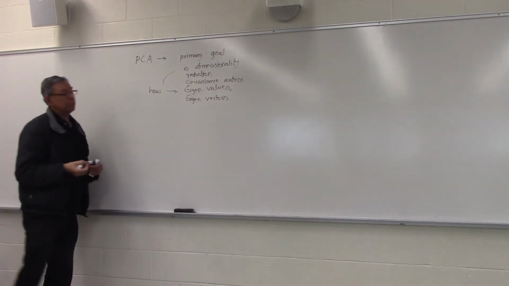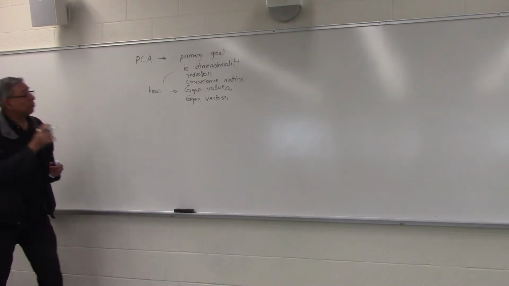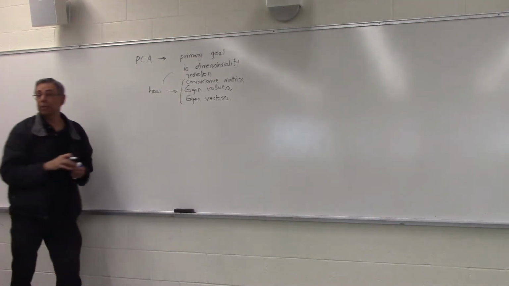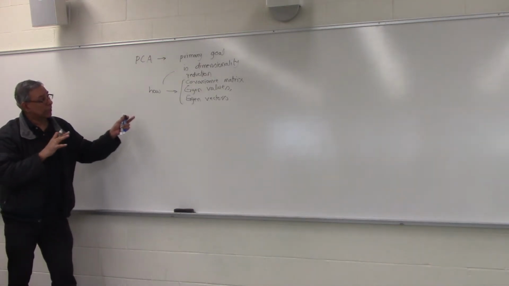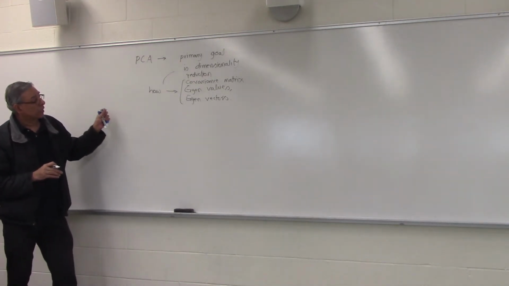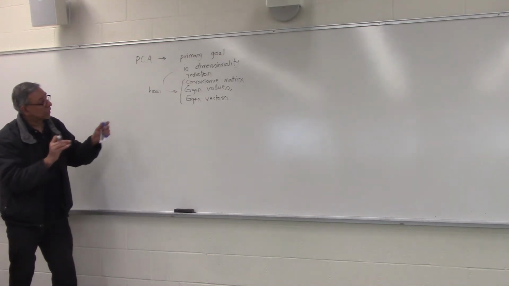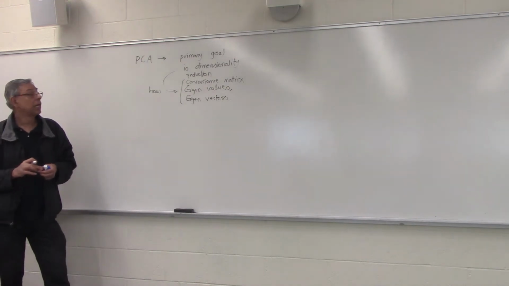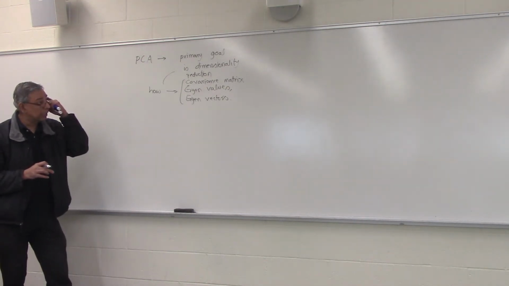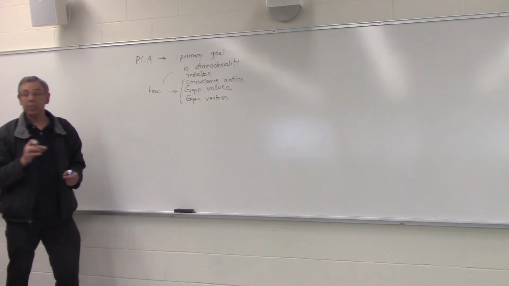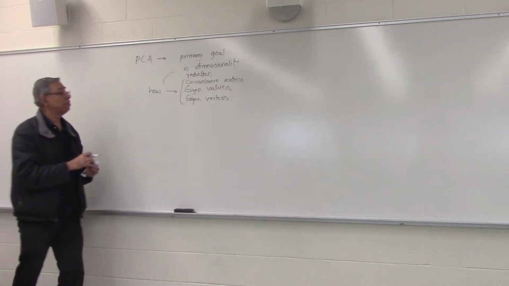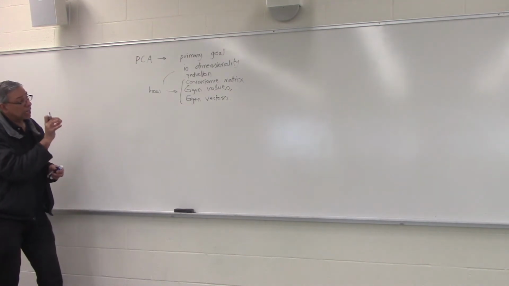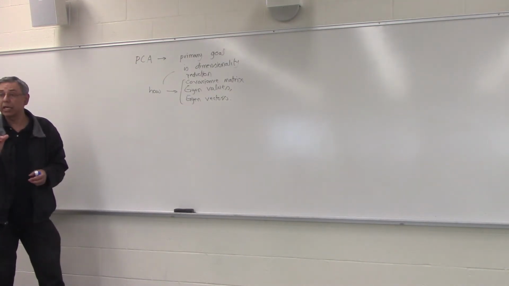The covariance matrix tells us the relationship between one data item and another. So it is a complete interrelationship of all the data items with respect to each other. Once we create the covariance matrix, we compute the eigenvalues, sort them by magnitude, and then corresponding to the highest eigenvalues, we create the eigenvectors.